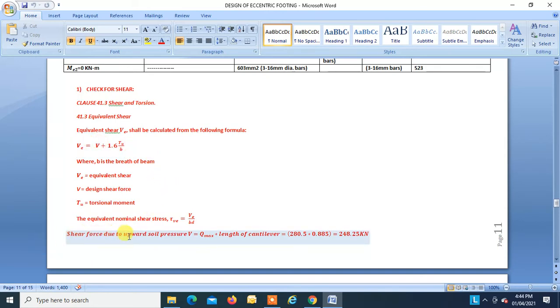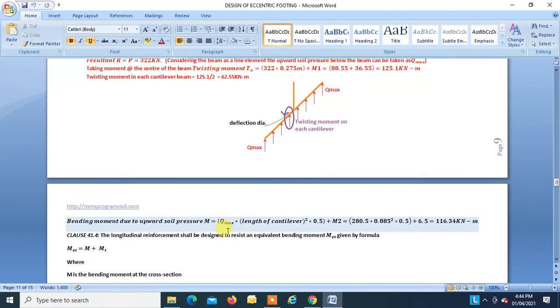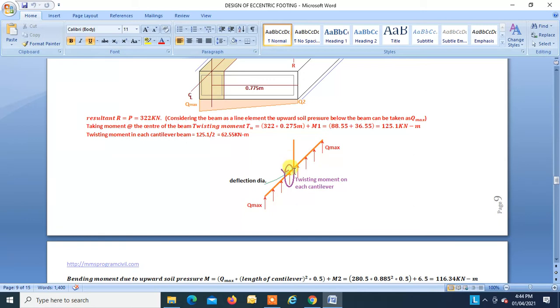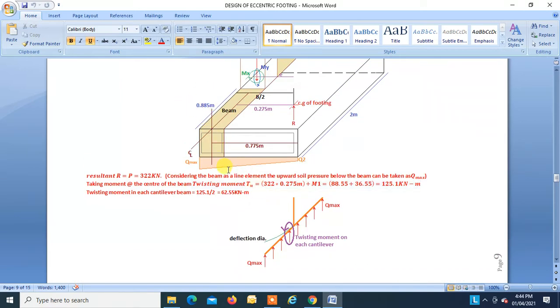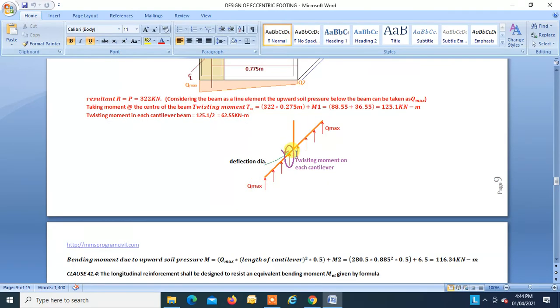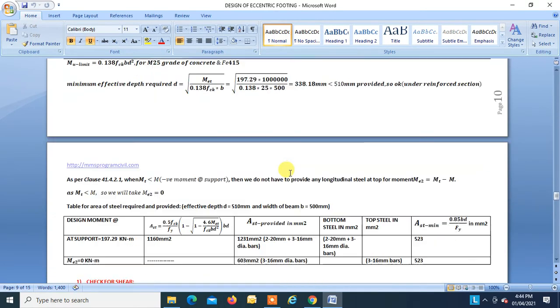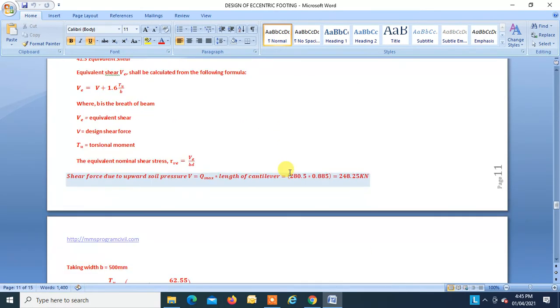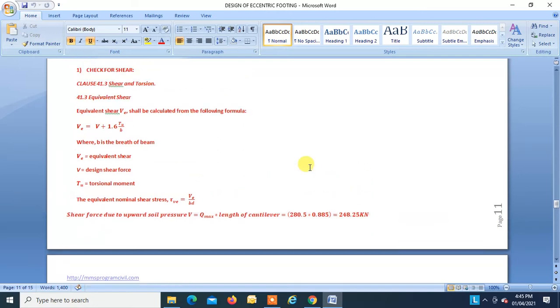The shear force due to upward soil pressure V is very simple, right? We want to find the shear force V over here, so q max into this length, that is 0.885. Q max into 0.885 is our shear force V acting at the support, that is 248.25. So we can find Ve like this.